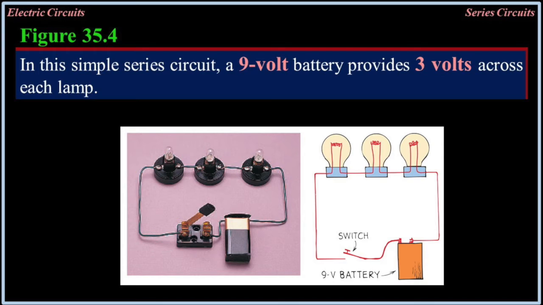5. The total voltage impressed across a series circuit divides among the individual electric devices in the circuit so that the sum of the voltage drops across the individual devices is equal to the total voltage supplied by the source.